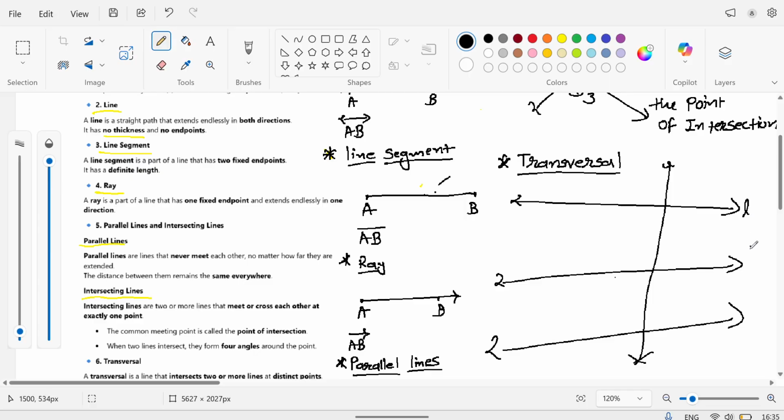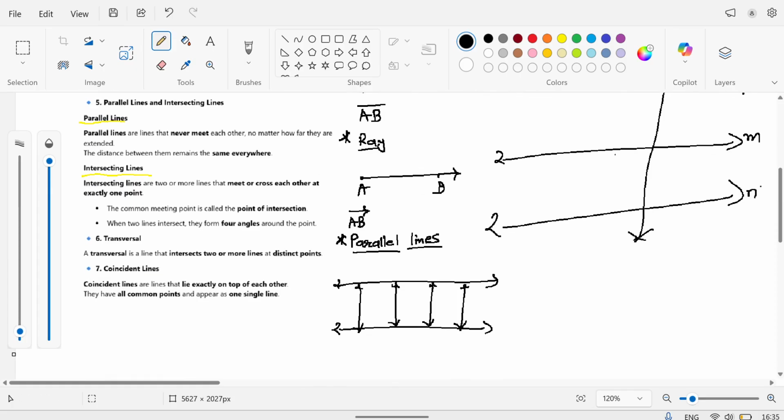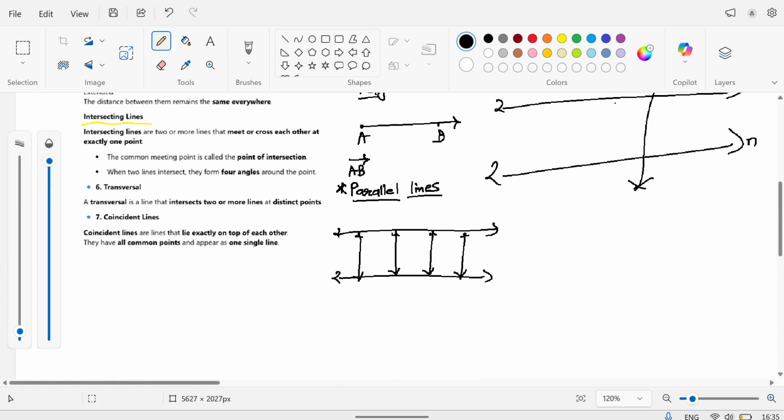So if this line is L, this is M, this is N, and this is Q, then Q is the transversal of lines L, M, and N. Any common line which intersects more than one line at distinct points is called a transversal. We are also going to learn some concepts related to the transversal line in further tutorials.